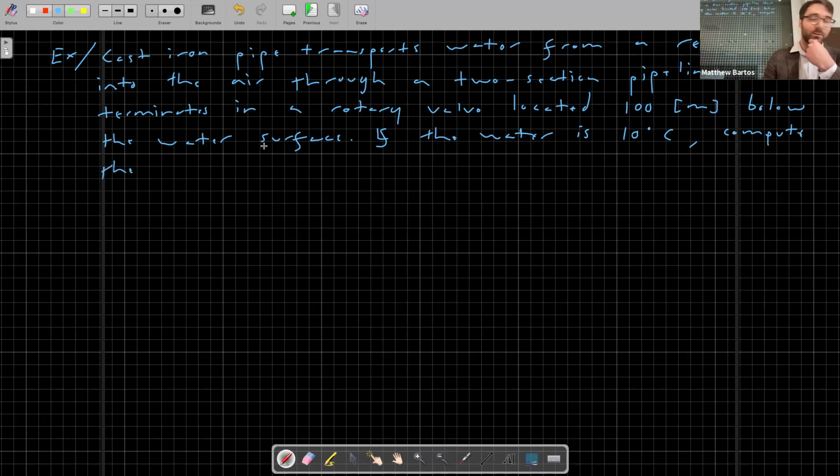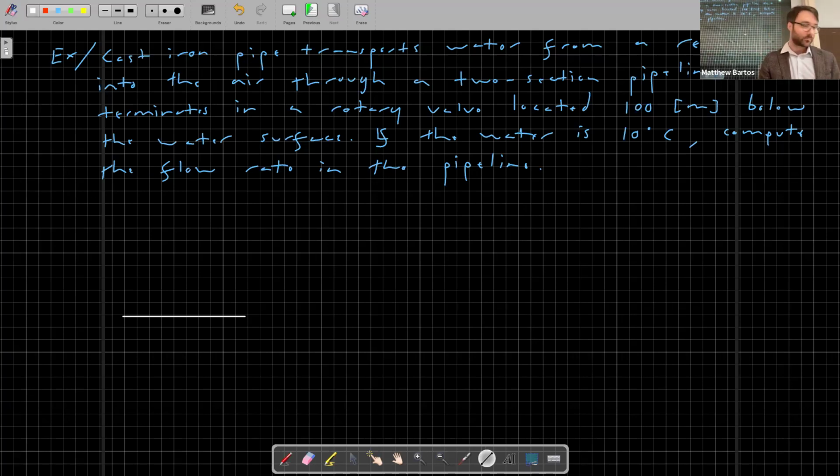So I'll have to draw the rest of this problem for you. So we have a reservoir. There's some water level in the reservoir.